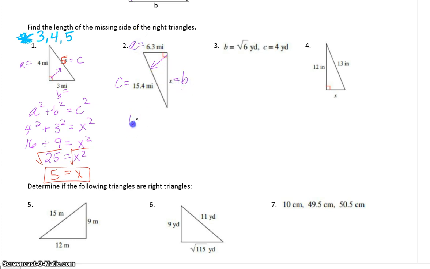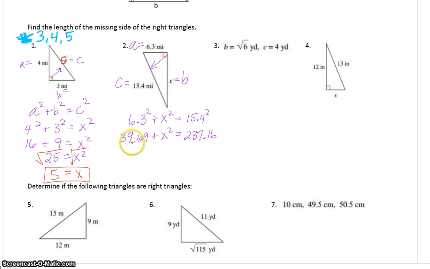Plug in, you get 6.3 squared plus x squared equals 15.4 squared. 6.3 squared, you're going to want to type that into your calculator, and you're going to get 39.69. 15.4 squared, you get 237.16. So you can use the squared button, or you could just do 6.3 times 6.3 and 15.4 times 15.4.